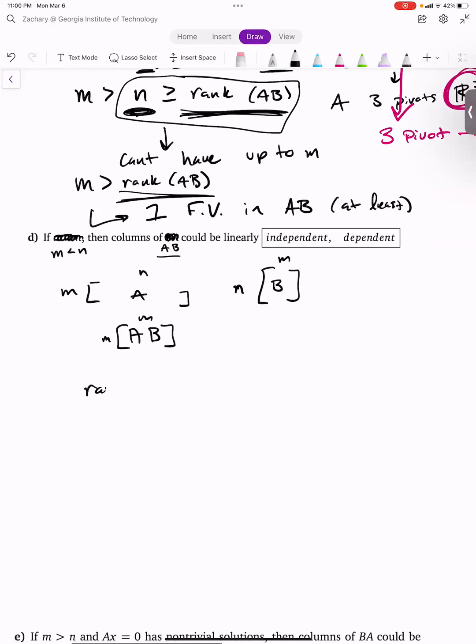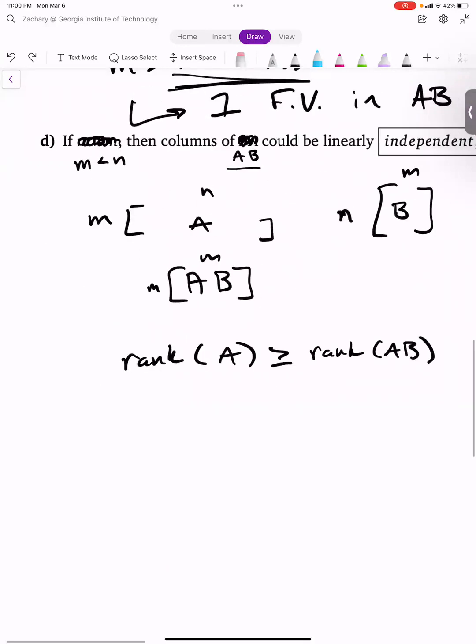Let's rewrite the rank of A is always greater than or equal to the rank of AB. Line up here. This is just where I like to draw things so we can see it the best we can. The rank of A can be at most M. So we can replace this with M greater than or equal to the rank of AB.